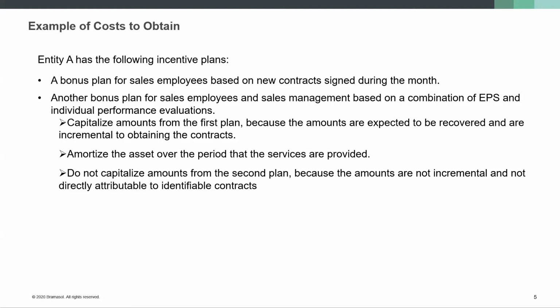Compare that to a bonus plan based on a combination of EPS and individual performance. Well, there's no incremental in that aspect because the salesperson did not sell a new contract. All the person did was he was at the company for 12 months. The company did well, had a high EPS, did well in his performance evaluation. He gets a bonus. That is not capitalizable because it's not an incremental cost of obtaining a contract.